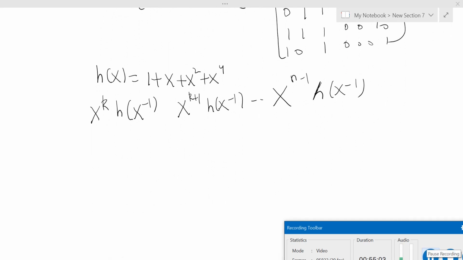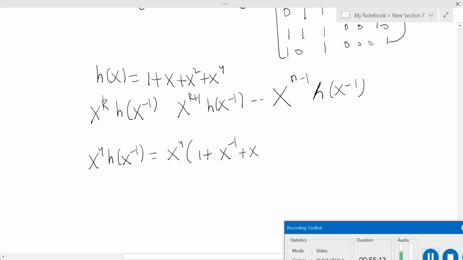So now how will we do that? Here k is 4, so x to the power 4 h of x inverse is x to the power 4 times 1 plus x inverse plus x minus 2 plus x minus 4, which becomes 1 plus x square plus x cube plus x4.